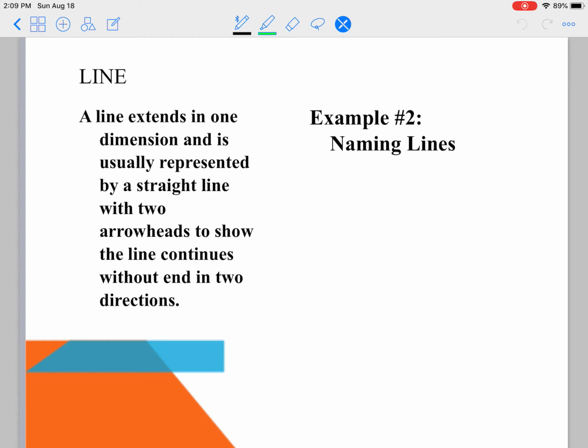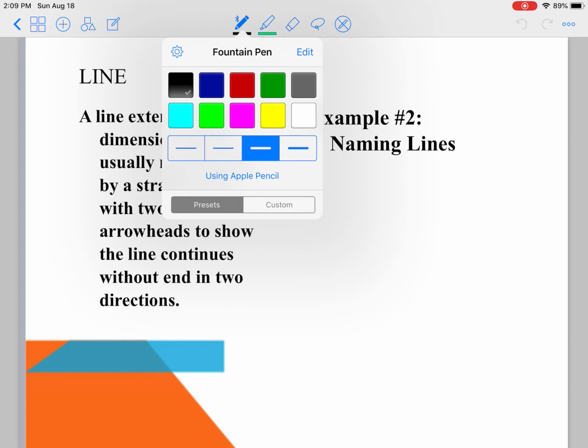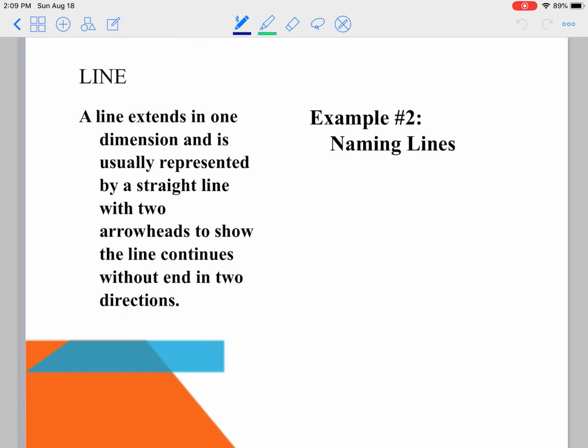So now we have a line. And a line is exactly what you may think it is, but when we draw a line, we have to do something very important. We have to put arrows on each side of the line. Those arrows are very important in that the arrowheads show the line continues without end in 2 directions.